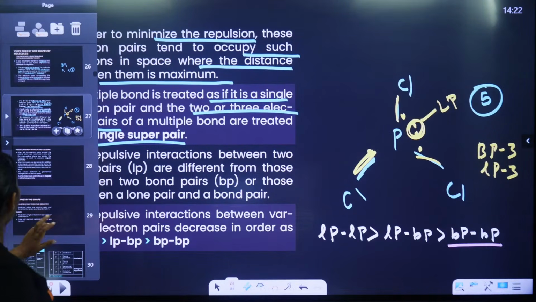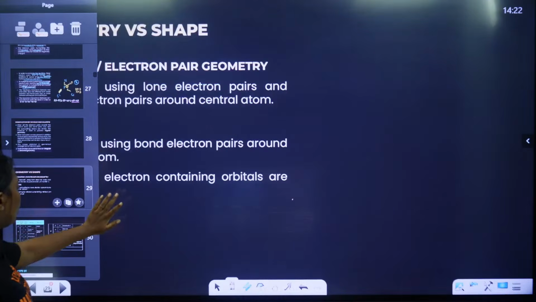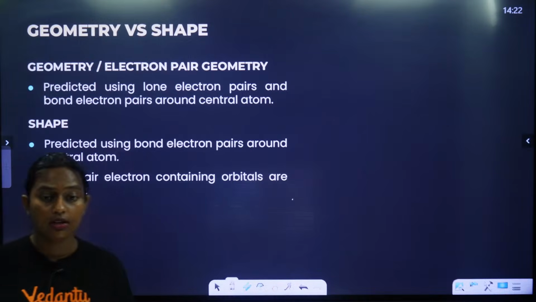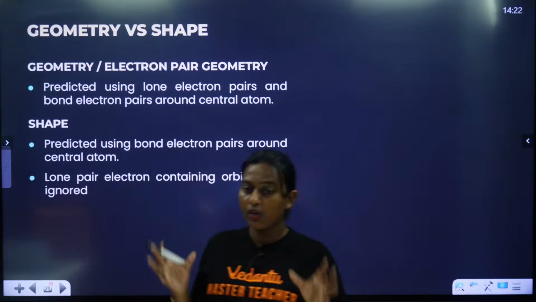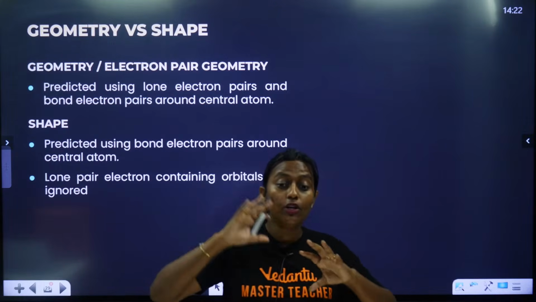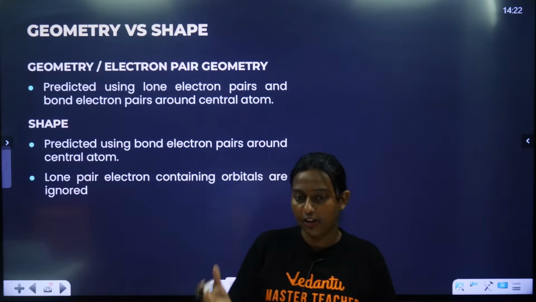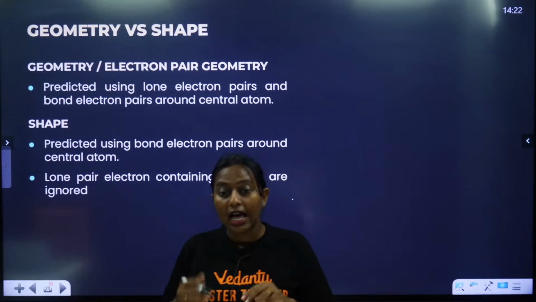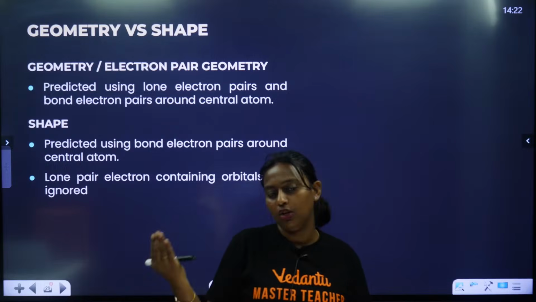Then we are moving to next. I will tell you what is geometry and what is shape. We can draw the structure of a molecule in two different ways: including lone pair and bond pair, and excluding lone pair.